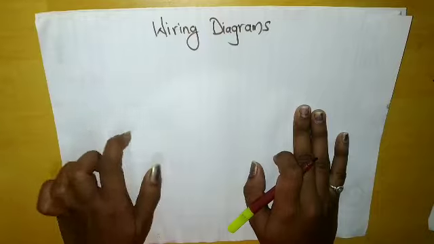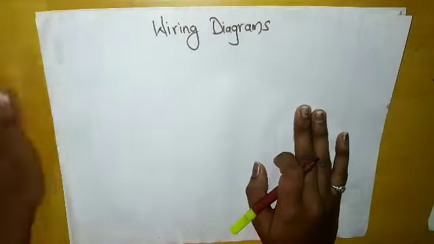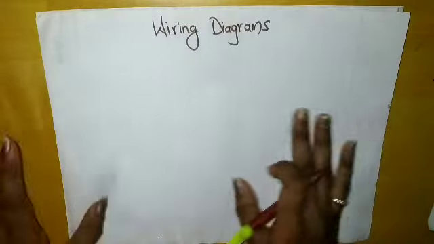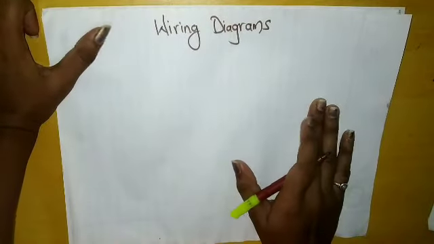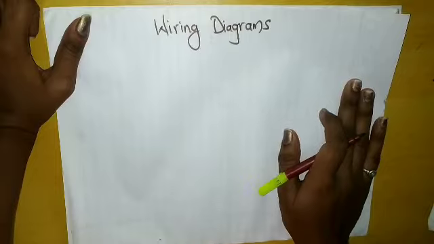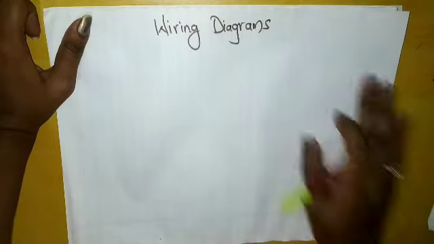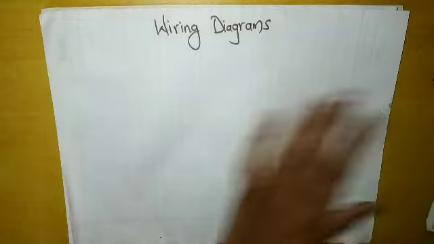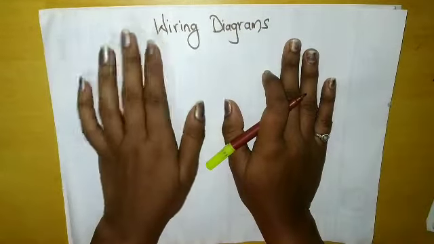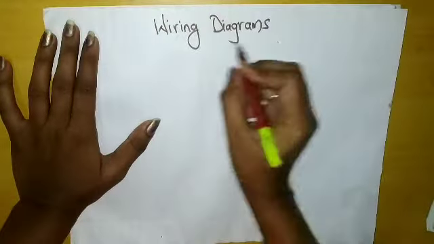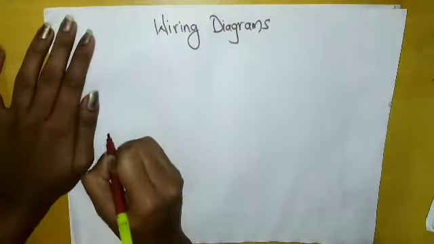So now we are going to see the wiring diagrams, right? In this chapter there are a few diagrams that they have given, and they are very basic. So just understand the basic concepts and you will be okay with these diagrams. First we will see one lamp and one switch.